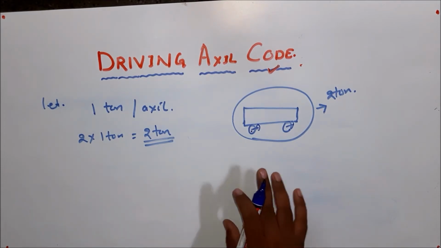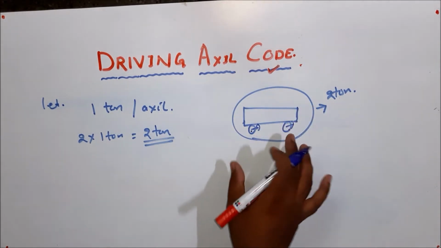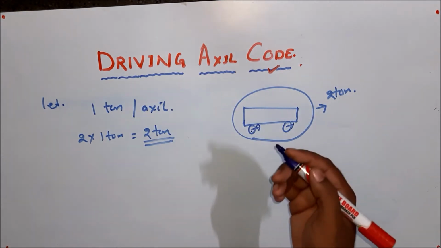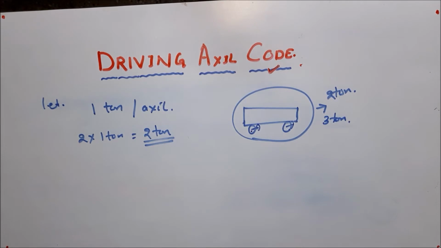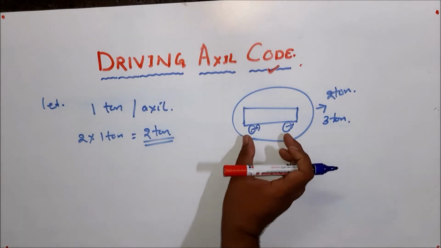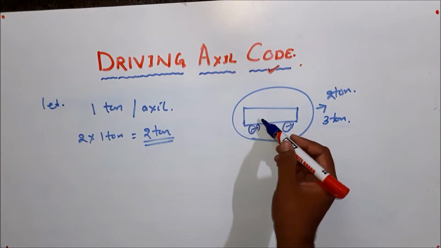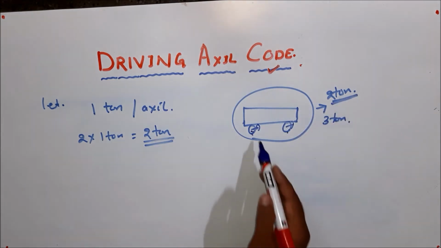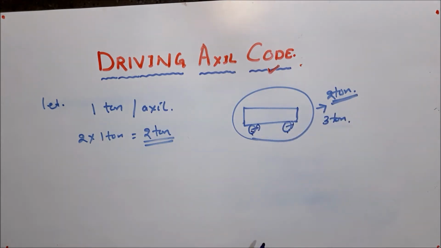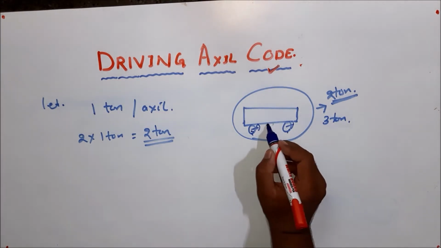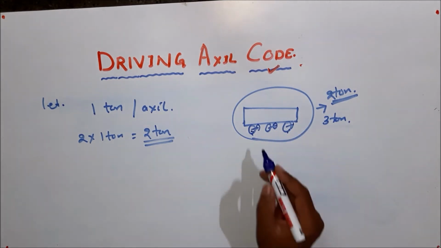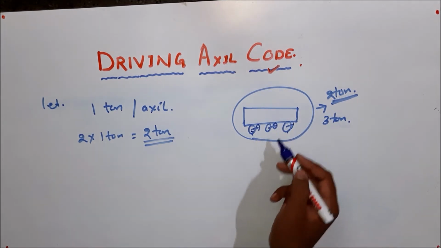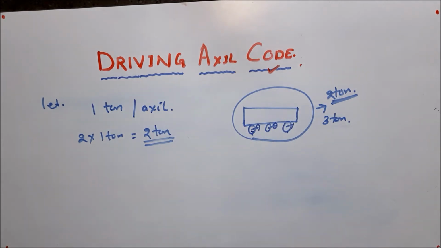If you want to increase the weight of this locomotive, let us consider I want to make it 3 ton. What should I do? If you increase the weight of this locomotive above 2 ton, these two axles will not withstand the load. So we have to insert one more axle, that means one more pair of wheels. So the number of axles depends upon the weight applied over the train.